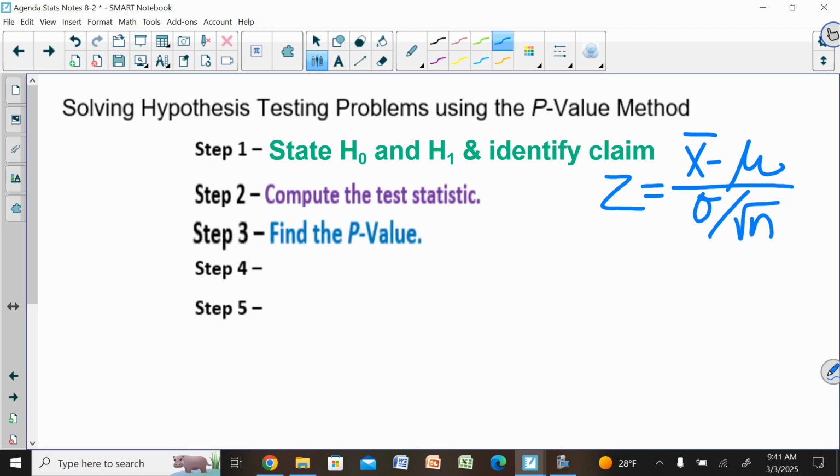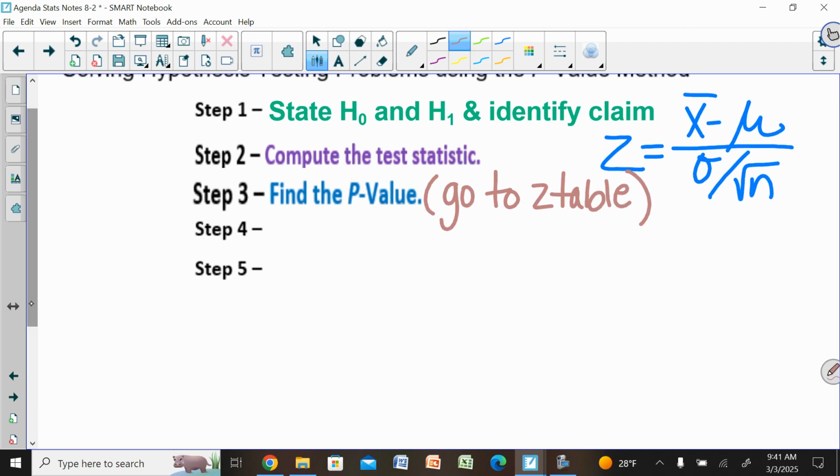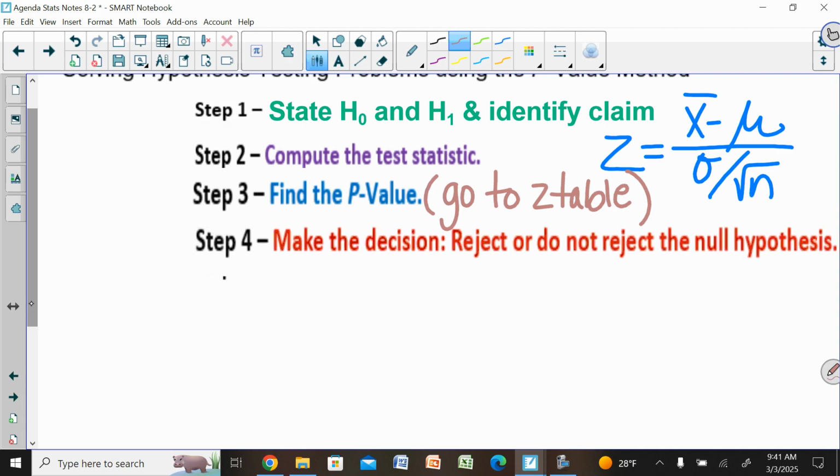In step 3, we find our p-value by going to the z-table. We just calculated a z-test statistic. Now we're going to the z-table. Step 4 is to make a decision. You have 2 options for your decision.